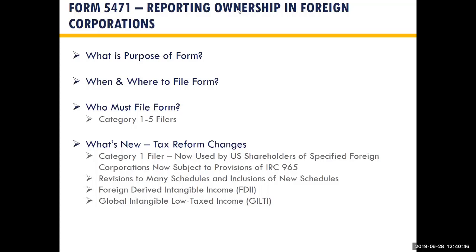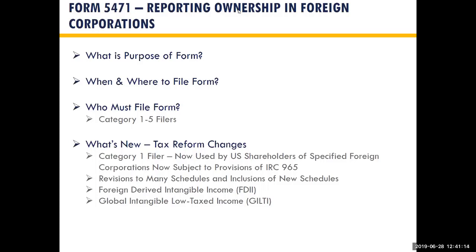And then category 5 is a U.S. person who owns 10% or more of a foreign corporation which is classified as a CFC. A CFC is a controlled foreign corporation, a foreign corporation that has U.S. shareholders that own more than 50% of total combined voting stock or of all classes of stock.